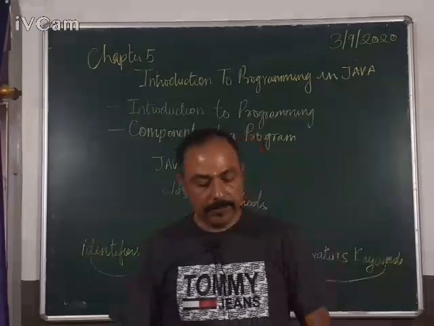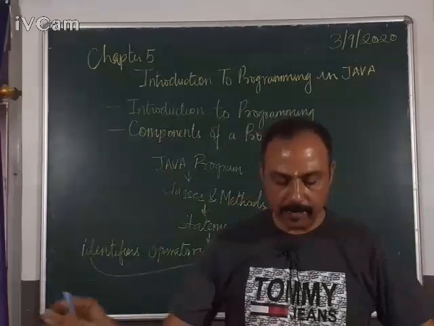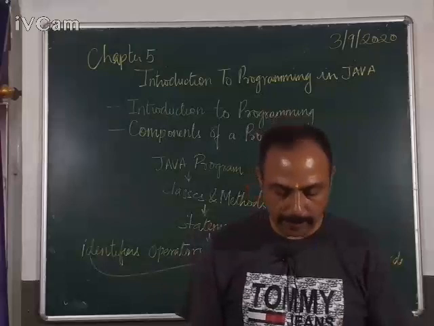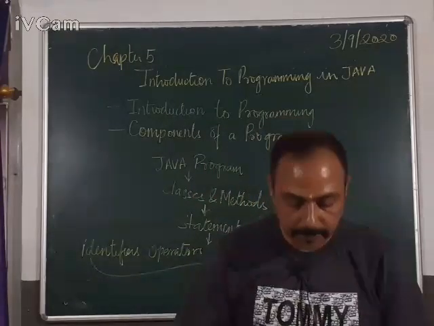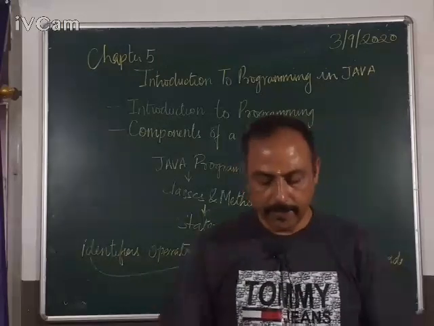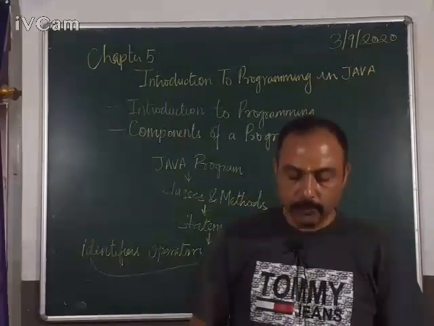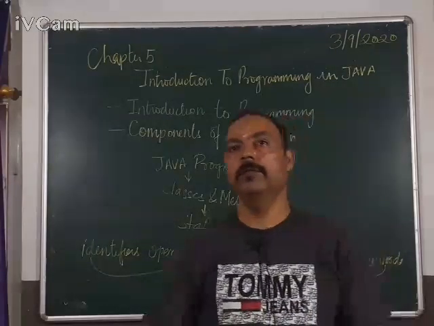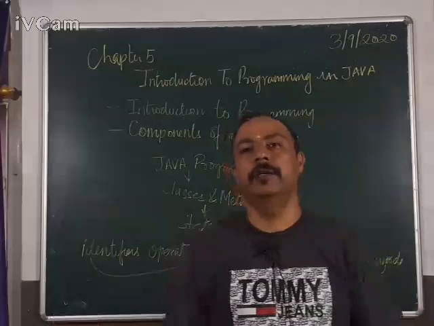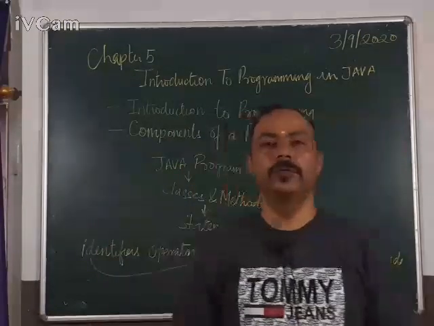A compiler is a system software. So I am talking about the compiler, which breaks the statements. Now what is a compiler? A compiler is a system software that converts the programming language code to machine understandable language to make the code work as a program. We have learned that the computer can understand only machine language, the language of zeros and ones.